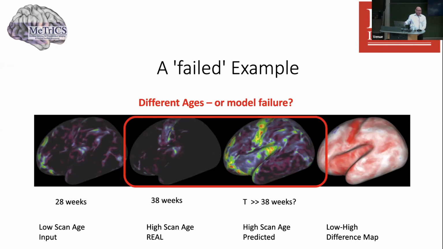I actually like this because if we were able to produce age-specific output, so if I could guarantee you that the third image was at 38 weeks, then the difference between these two scans is not a failure. It's actually a measure of how premature the baby is, how affected the baby is.